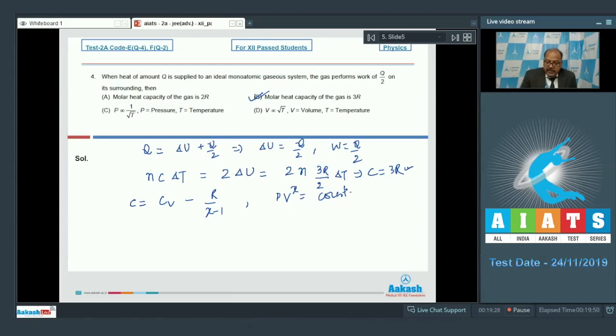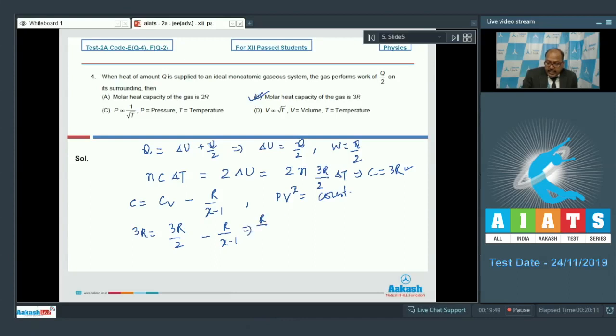Now since we have the value of C and CV, we can find the value of X and get the equation of the polytropic process. So let's put the value of C, which is 3R. So we have 3R equals CV, which is 3R by 2, minus R by X minus 1.